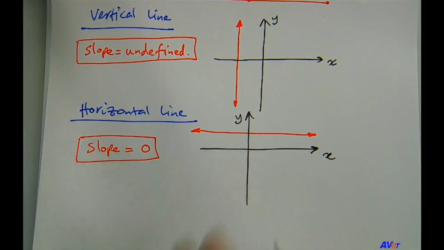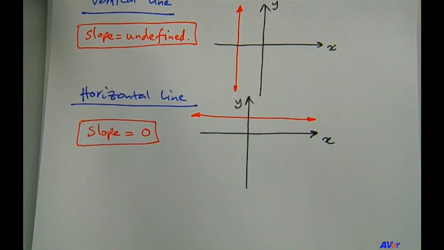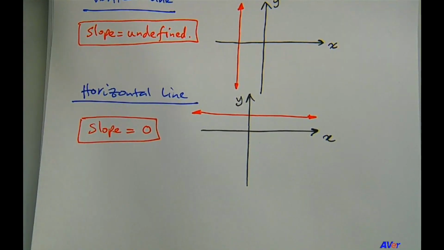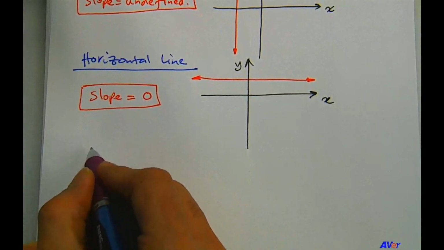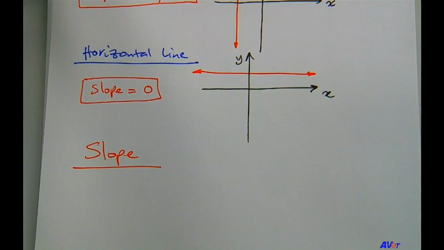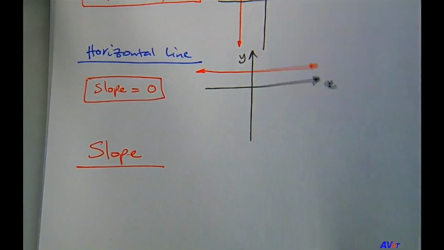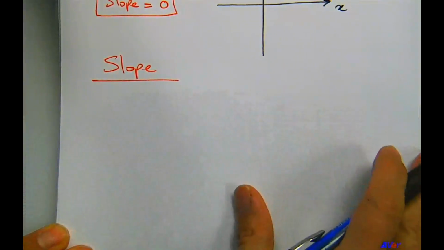So having talked about these various types of lines, let's talk about their slope, the calculation, and what it means. So the slope formula, that is the steepness of a line, basically.